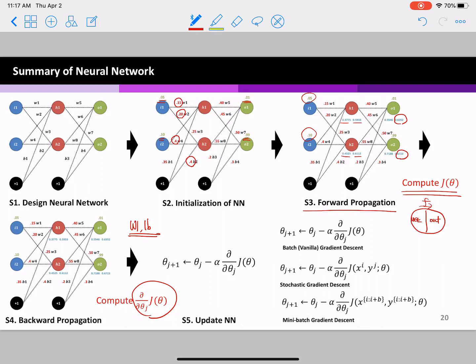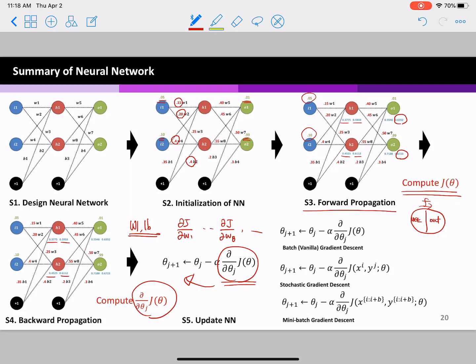Using those values, we find the derivatives for the weights, and bias as well. Okay. And next, once we find this gradient vector, we update our parameters.